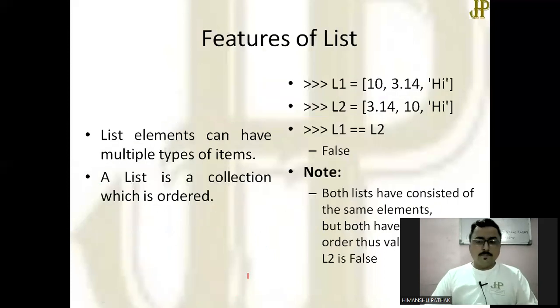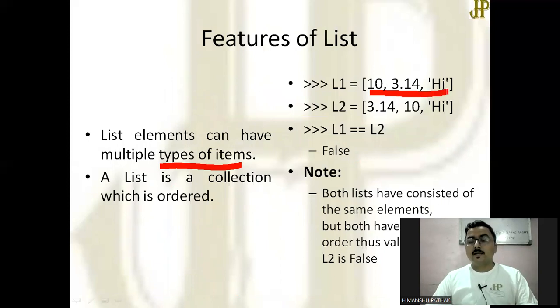Now, some basic features are: the first one is a list element can have multiple types of items. I already discussed this. This is the example. The first element is integer type, the second element is a float, and the third one is a string.